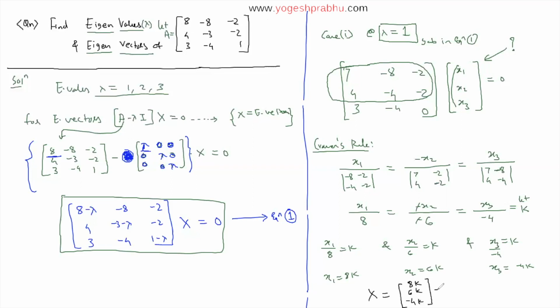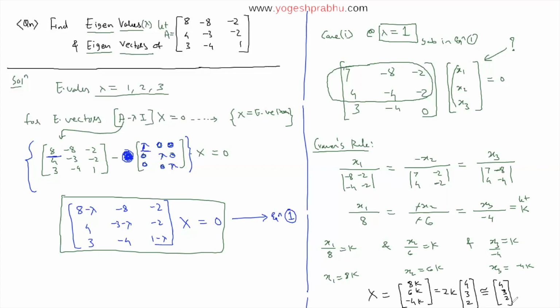You can just take k out, you can take even 2 out. So let me take 2k out, and then it will become 4, 3, and minus 2. You can always neglect this constant here. Eigenvectors are not unique, so you can just write down the main factors here. So it is going to be 4, 3, and minus 2.